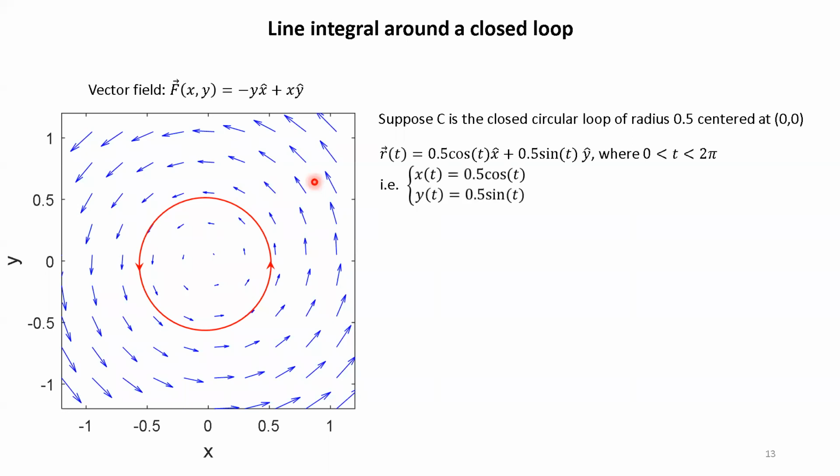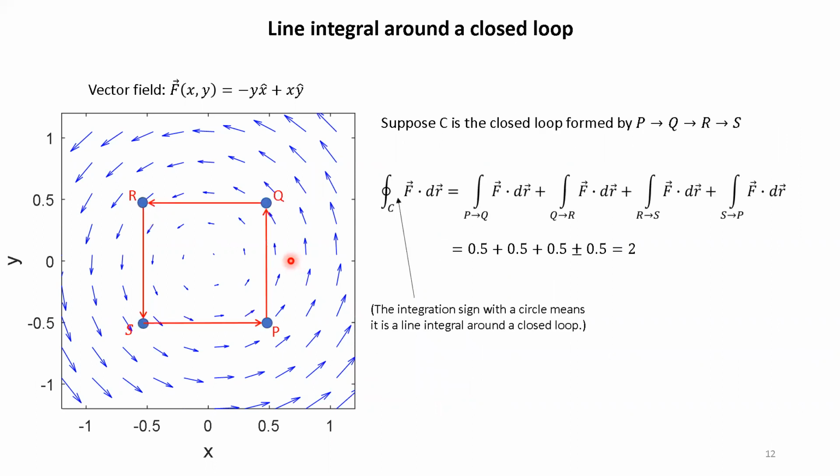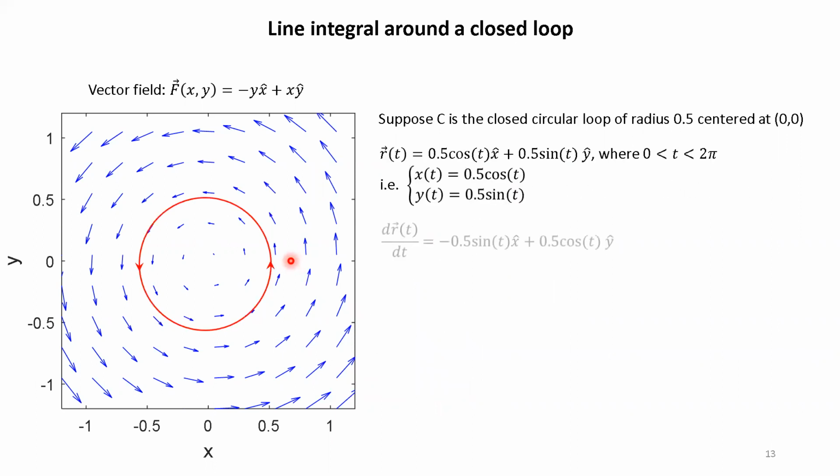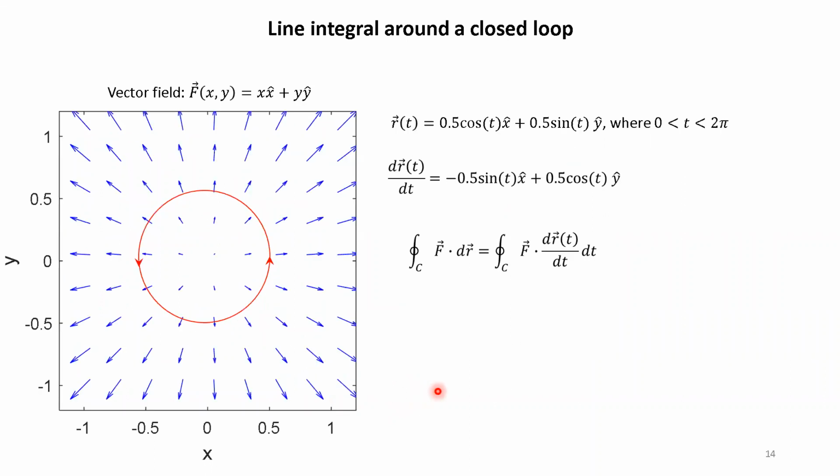If I do that, I also get this number here. So in this example, you see that I get some non-zero number. However, if you try the same thing with this field, you find that the number you get is 0.